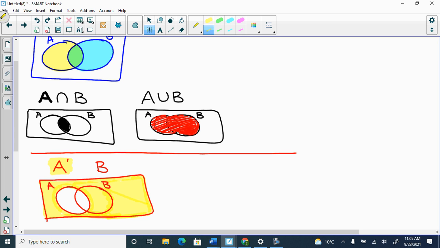And then my second one I shade is going to be the letter B. And where's B? Just the B circle, right? So I'm going to go shade it in blue.